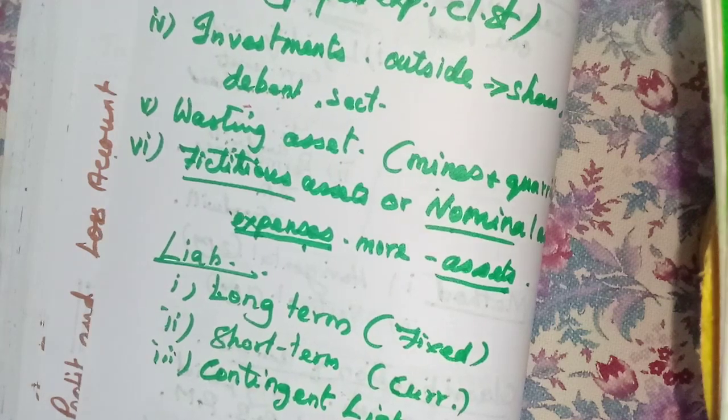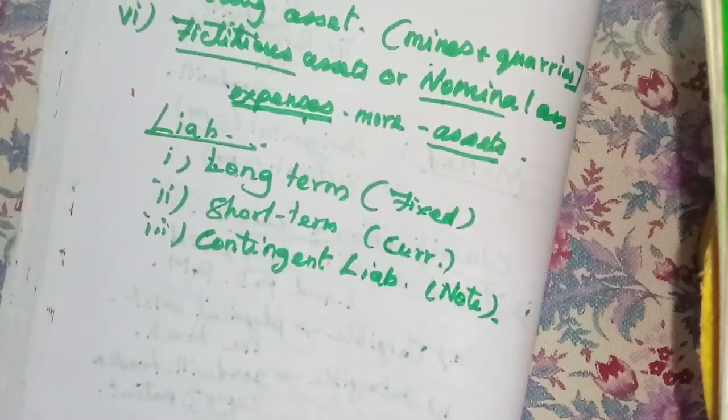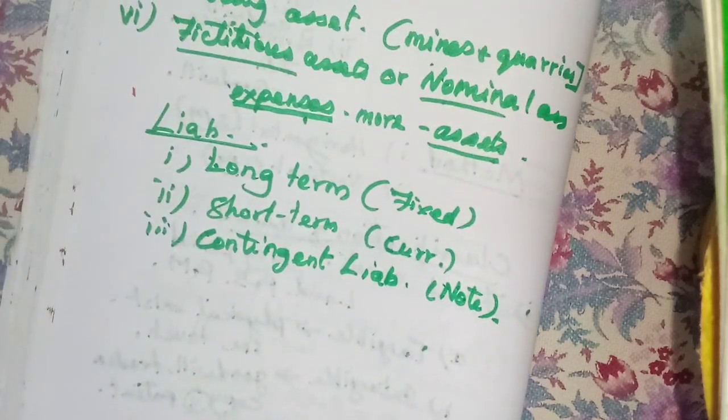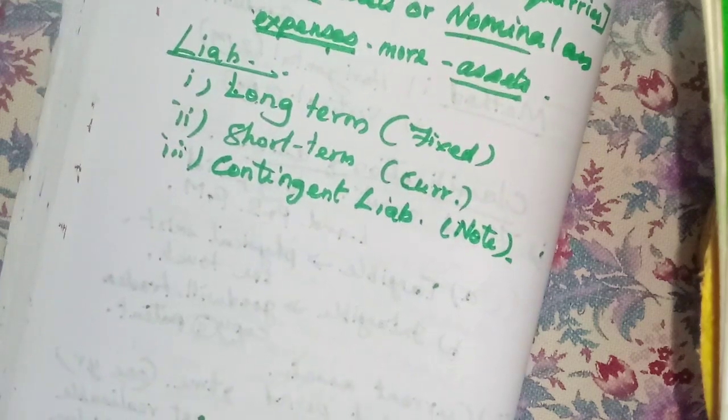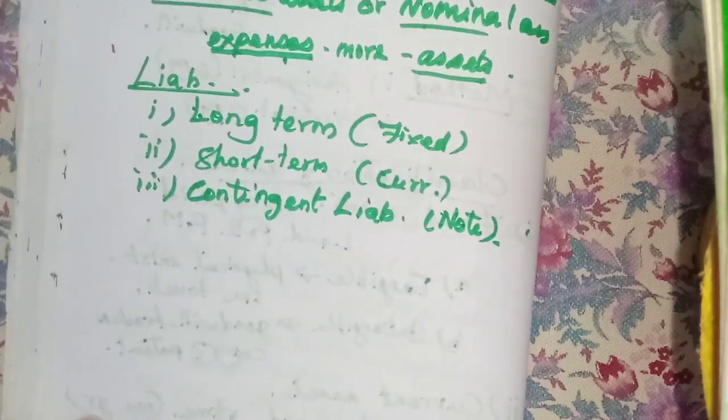That is one liability. Or if there is a case in a court of law against the firm, then the firm has to pay some amount as compensation. That is also a liability.